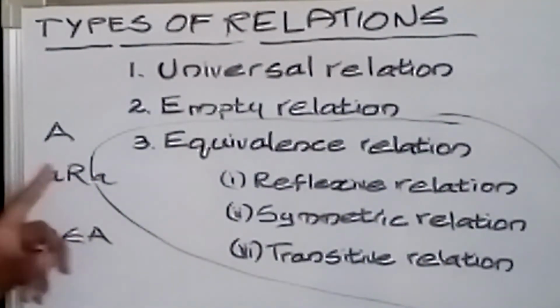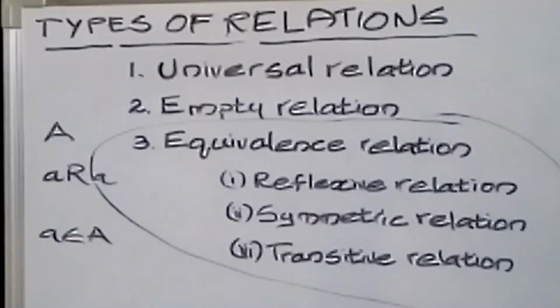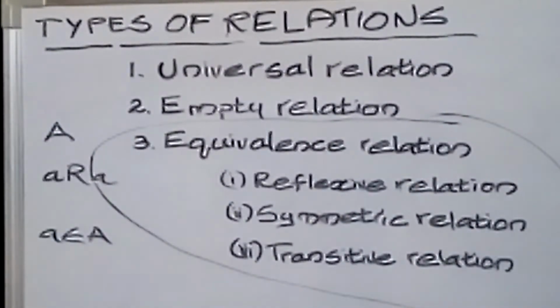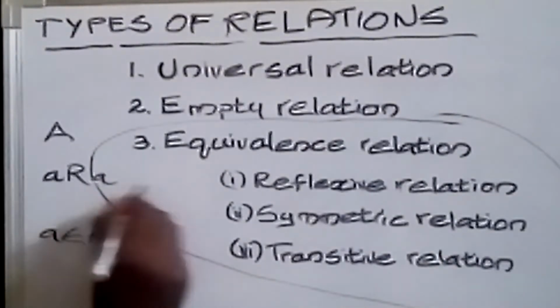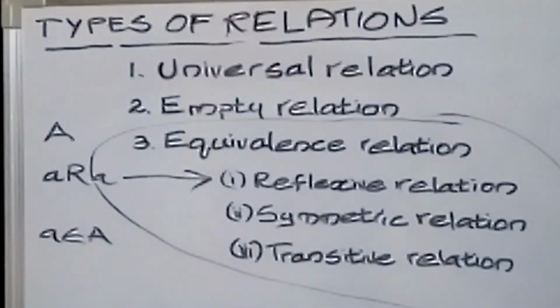If every element in the set A is related to itself, it is called a reflexive relation. Thus, a relation in the set A is said to be a reflexive relation if every element a is related to itself.